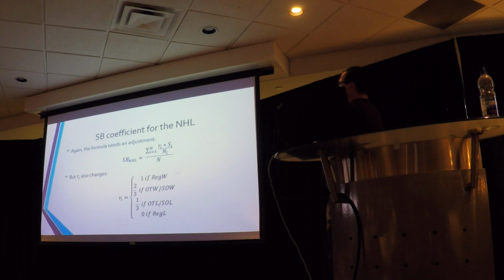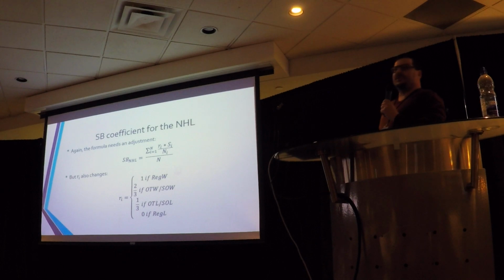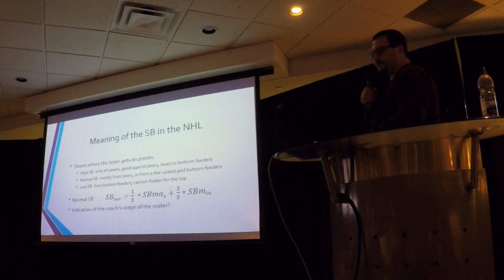So once again, we need to adjust for the number of games, and also because we have different outcomes in the NHL, thanks to Mr. Bettman. So the coefficient is actually not 1, 1/2 and 0, it's 1, 2/3, 1/3, and 0.